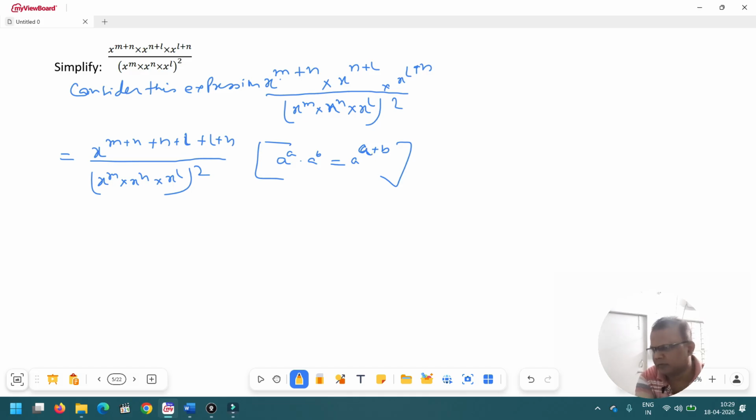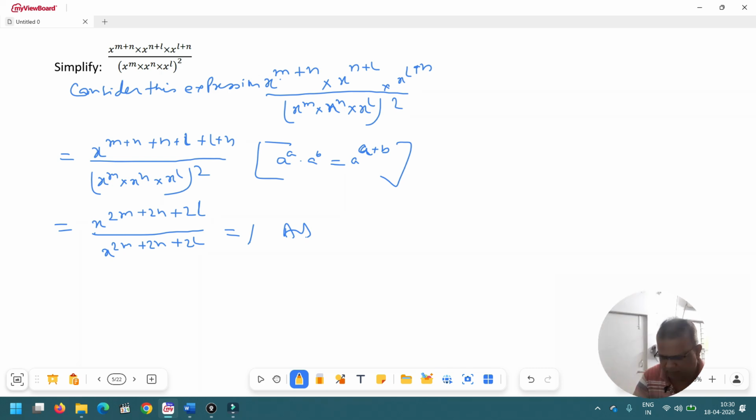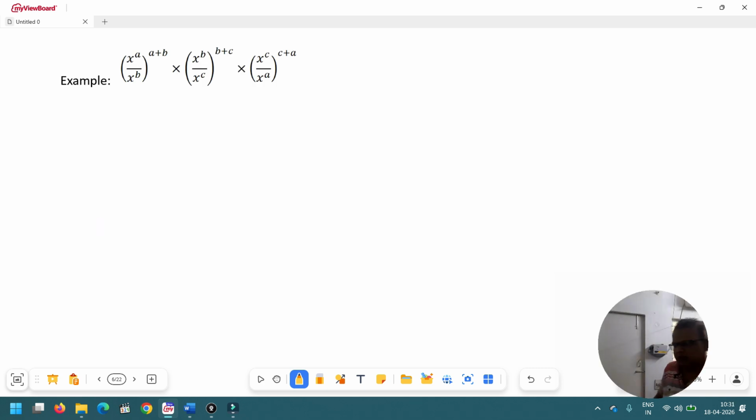That is equal to x to power 2m plus 2n plus 2l, that is equal to x power 2m plus 2n plus 2l, that is equal to 1. That is the answer. Now consider this example.